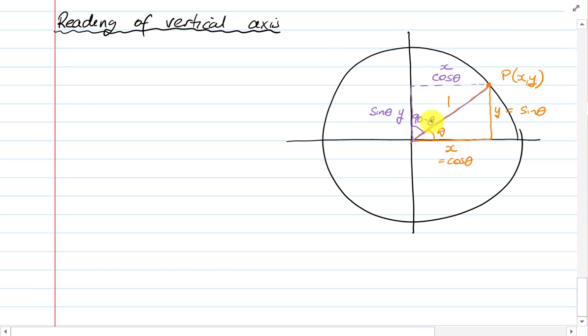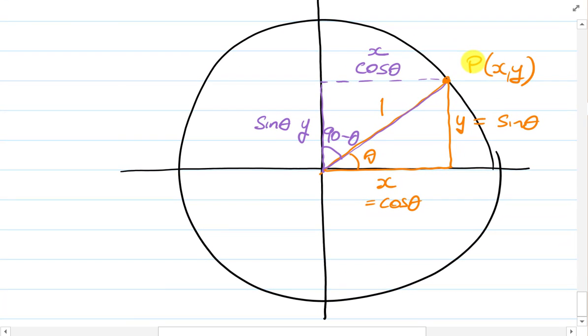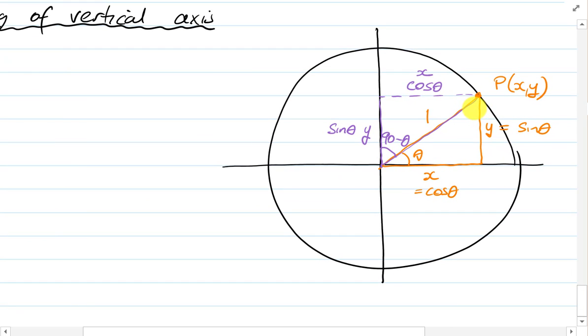So we get an angle there of 90 minus theta, and just for the purpose of this, I'll zoom in a little bit there. 90 minus theta is that angle, so we can actually build up an understanding of the value of cos of 90 minus theta and sine of 90 minus theta. So I'm going to do that over on the side here, and you'll see that first of all, sine of 90 minus theta is equal to opposite over hypotenuse, which in this case is x over 1.